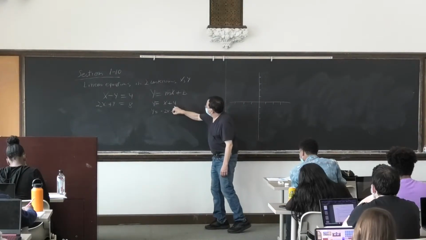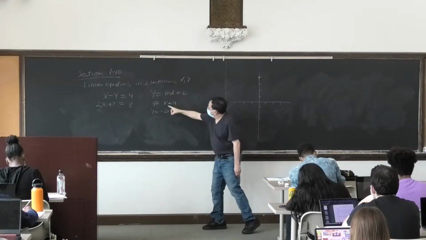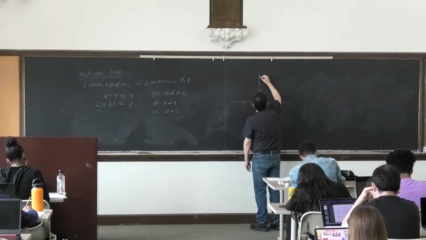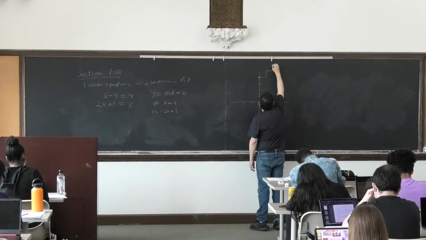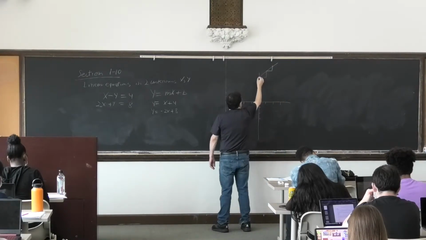The y-intercept here is 4, and the slope is, of course, 1. So that means I go over 1, I go up 1. Over 1, up 1. So it's going to look kind of like this.